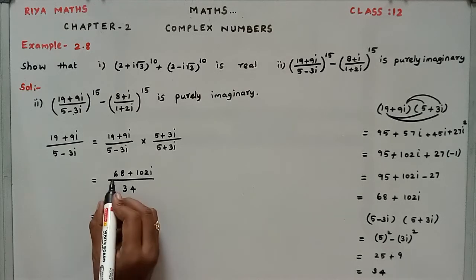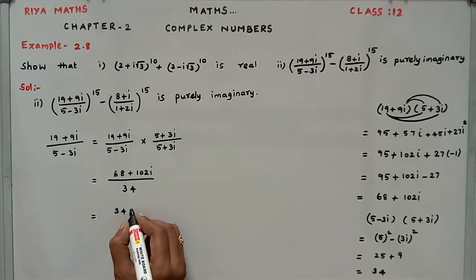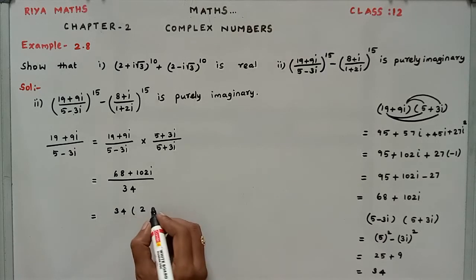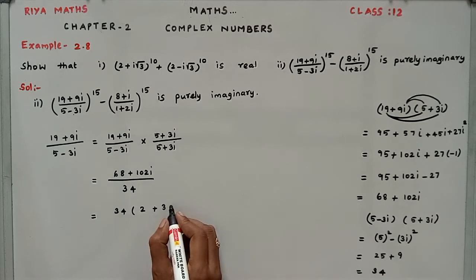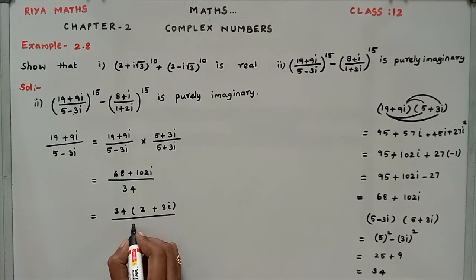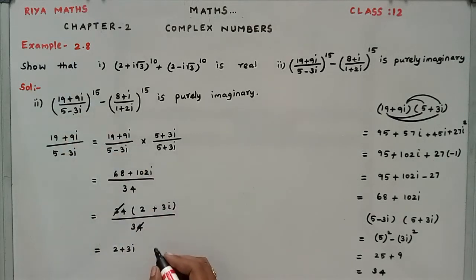In the numerator, we can take 34 as common: 2 into 34 is 68, 3 into 34 is 102. So (2 + 3i) divided by 34. 34 and 34 cancel, so the balance is 2 + 3i. This is our answer for the first term.